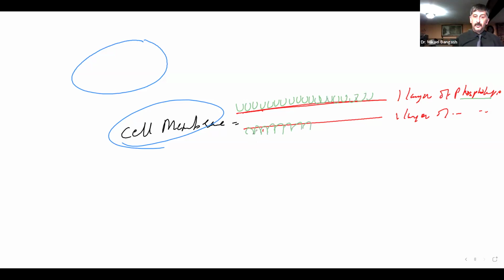So there are two layers of phospholipids that make what you call the cell membrane. Did that make sense? Anything else?